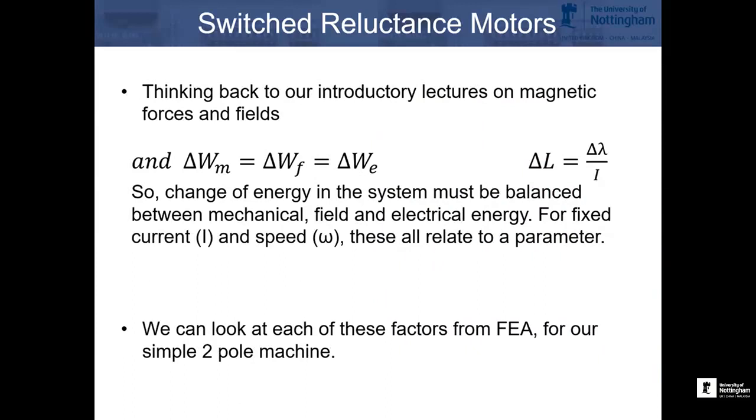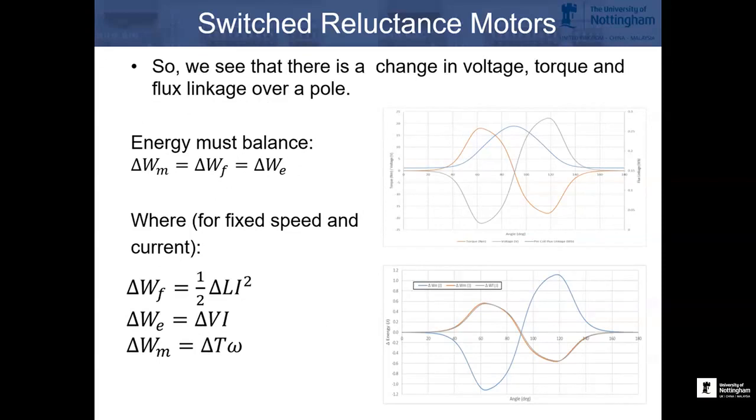We can define all three characteristics in terms of energy. We can define our electrical stored energy, we can define our mechanical stored energy, and the energy stored in the field. And ultimately we can say that all three of these quantities must be in balance. And so if we fix our current and our speed in our machine, we can then look at the behaviour of these in terms of our torque, voltage, and flux linkage, or alternatively in terms of those three stored energy factors.